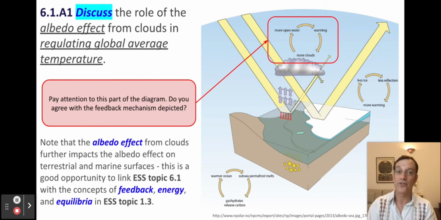So the number of clouds decreases, which means more sunlight strikes the surface of the planet, warming the planet, driving a greater amount of evaporation, which means more water in the atmosphere, which means more clouds. And more clouds reflects more sunlight, which cools the planet. So the clouds have this really important role as a negative feedback mechanism to help regulate over long periods of time the climate of our planet.